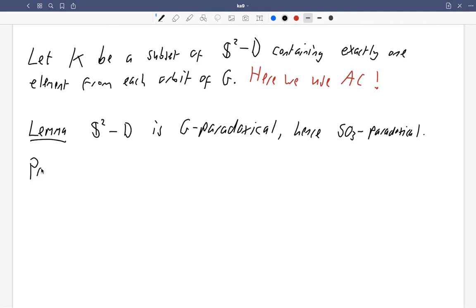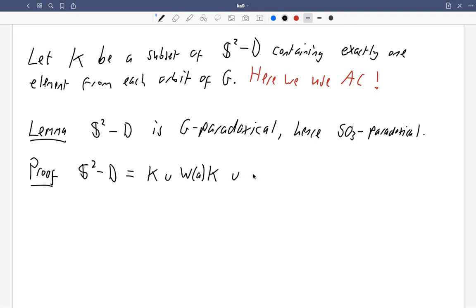And the proof now, we're going to see why we had all this fuss with fixed points, because we've got S2 minus D, and it's actually easy to see now that this set is K together with words starting with A acting on K. So I'm referring to elements of G using, we've got an embedding of F2, so I'm just using the word for the corresponding element of F2.